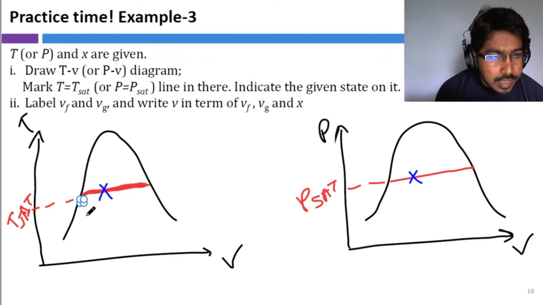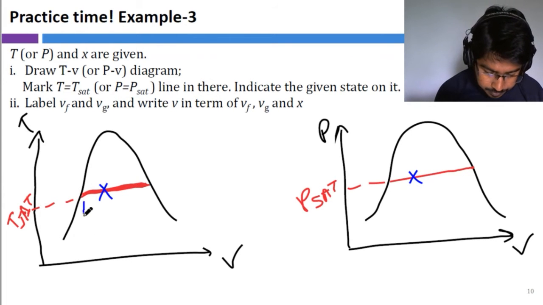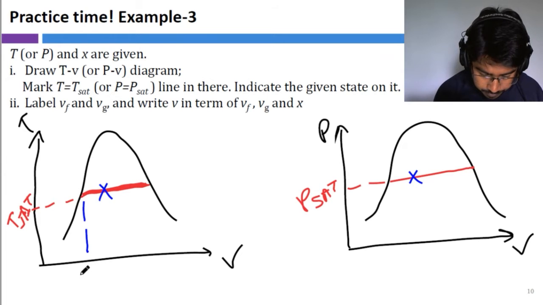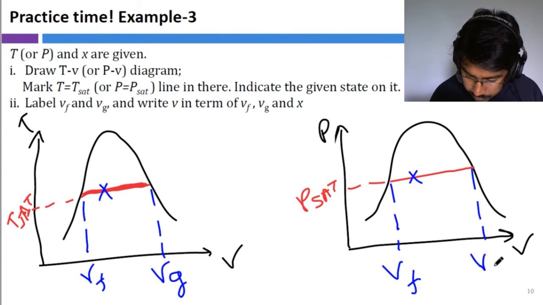And then it asks us to label vf, vg, and write v in terms of vf, vg, and x. vf, vg, and similarly on the PV diagram, it's going to be vf, vg.